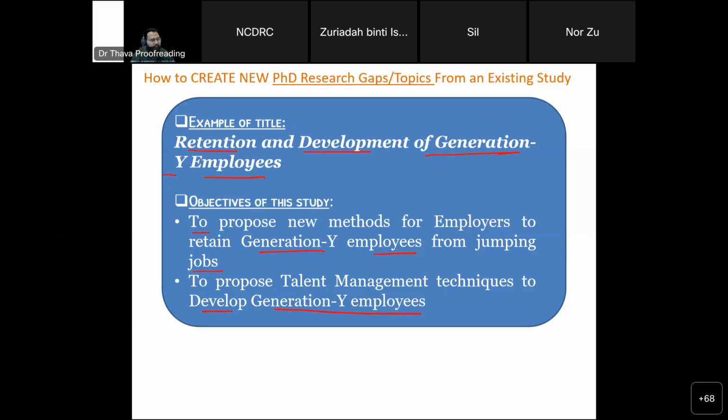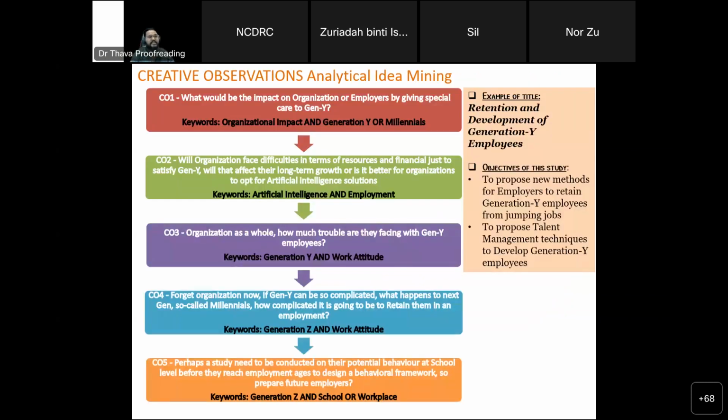So here they're talking about Generation Y employees, they're talking about talent management for Generation Y employees. This is a very easy topic to understand. So I chose this topic as an idea generator for creative observation. So these are our creative observations, analytical idea mining. Okay, analytical idea mining.